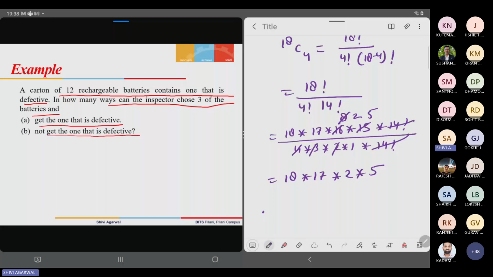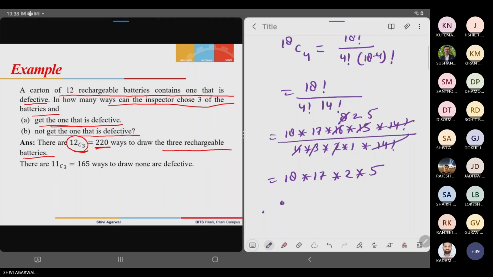So out of 12, they are choosing 3. How many ways are they getting? 12C3. Again, order is not defined here. Out of 12, we are choosing any 3. So 12C3 is 220 ways to draw the 3 rechargeable batteries.